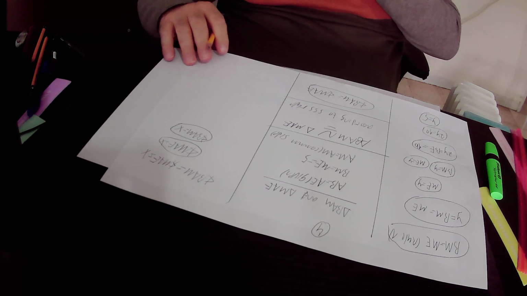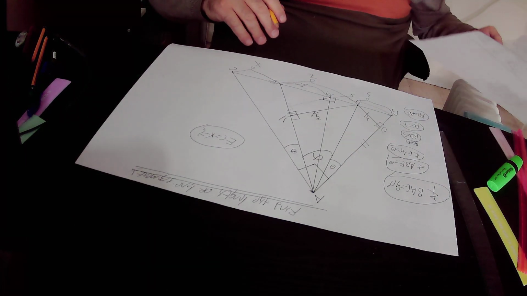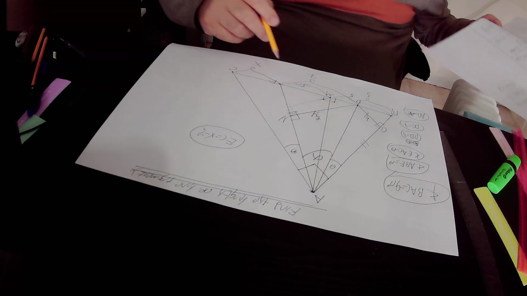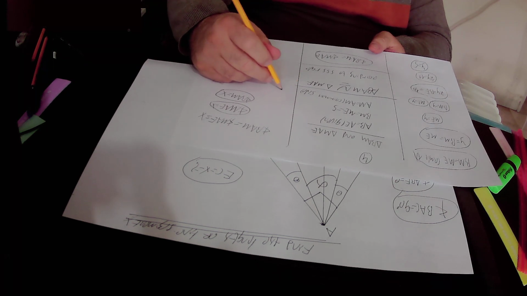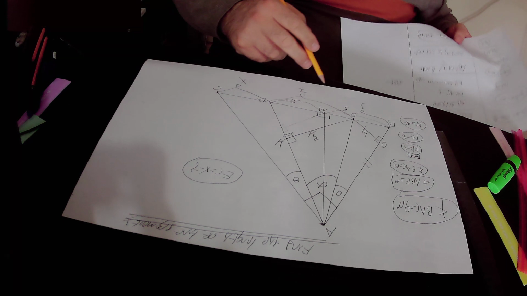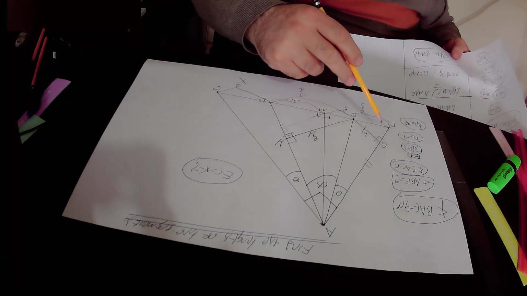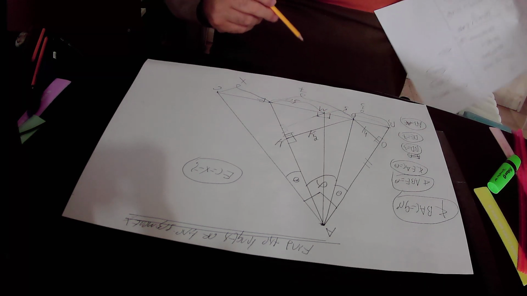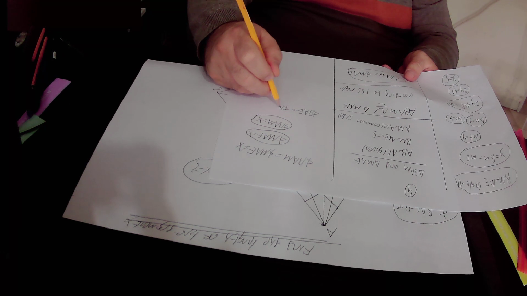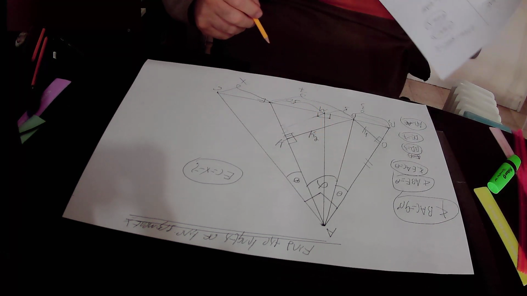So actually angle BAE equals angle BAM plus angle MAE.